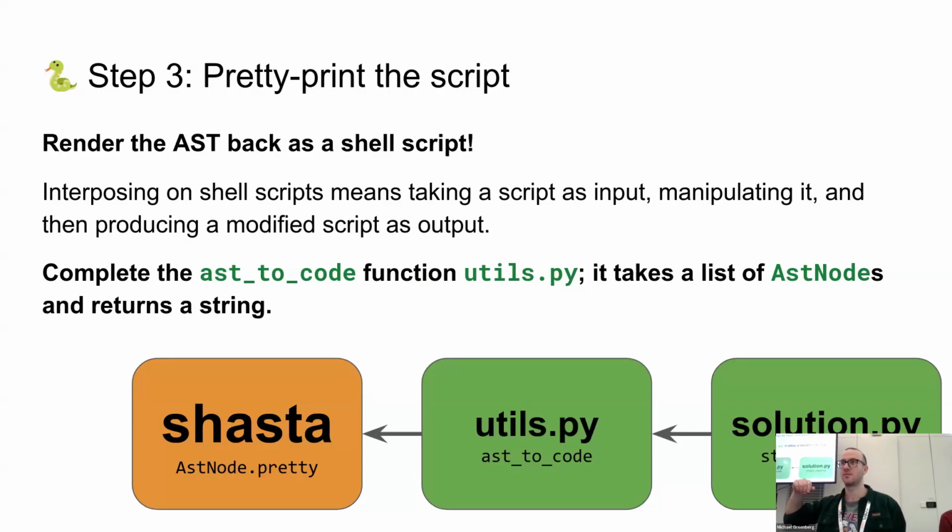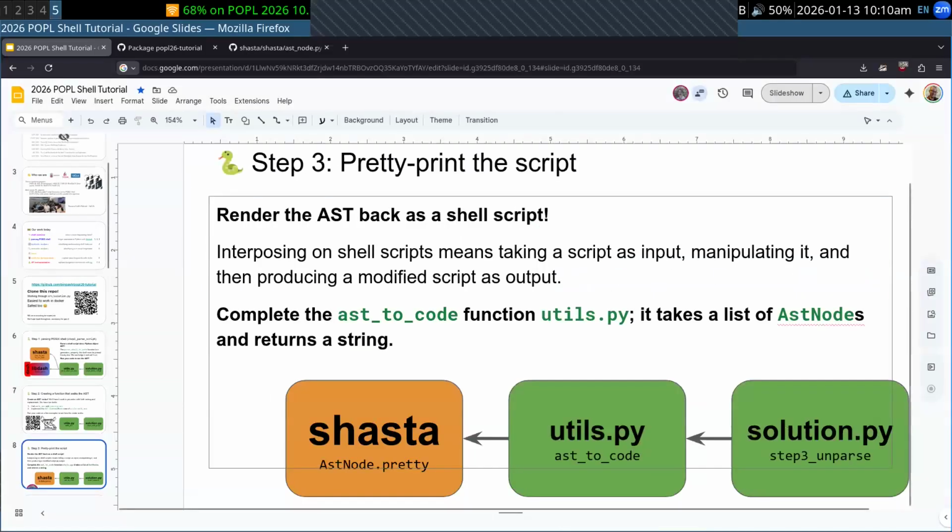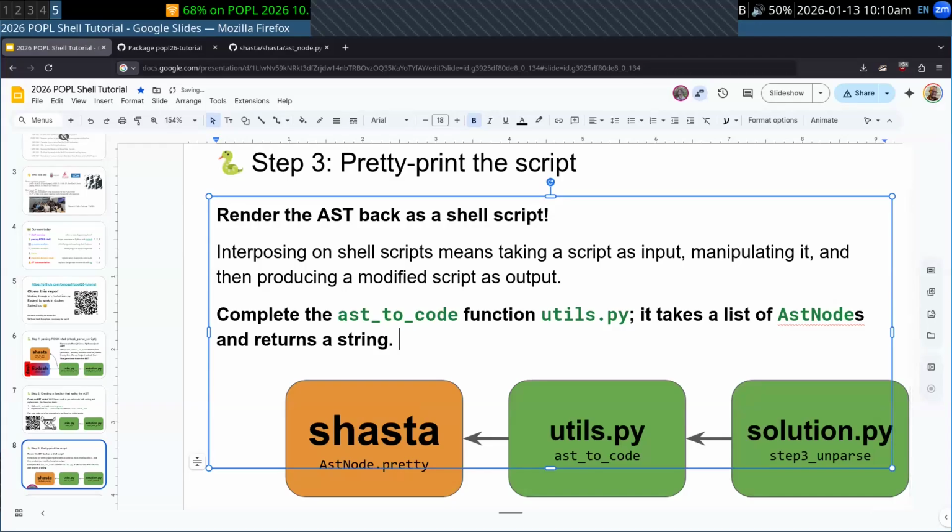Make sense? So it's not going to look exactly the same syntactically. It will not have comments, for example, I think, but it should be the same script. There might be different new lines and stuff like that, but it should be the same script.